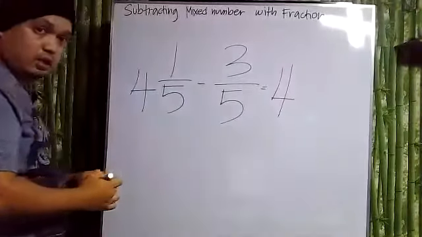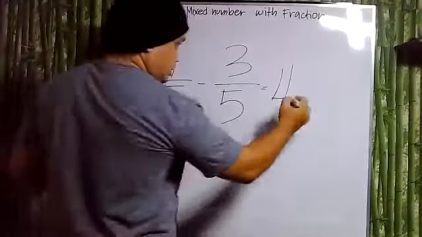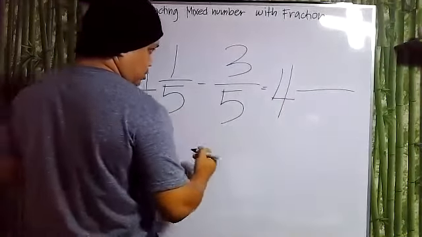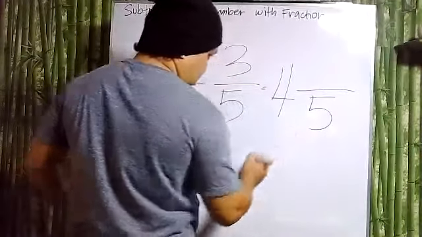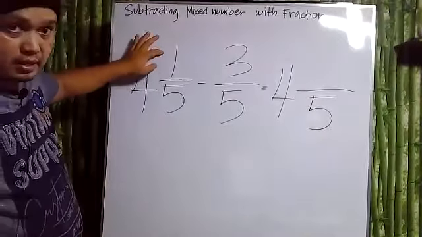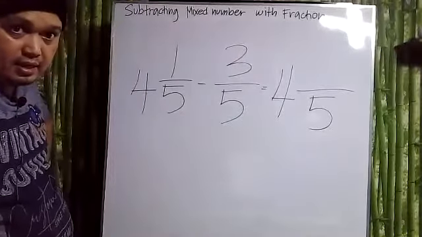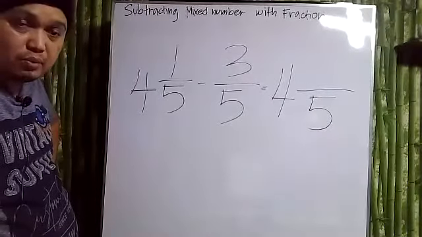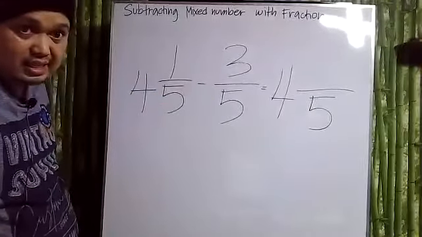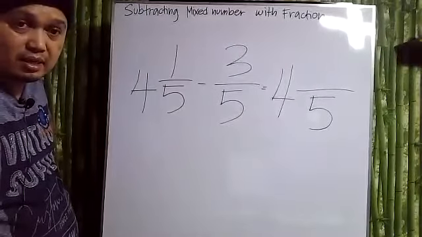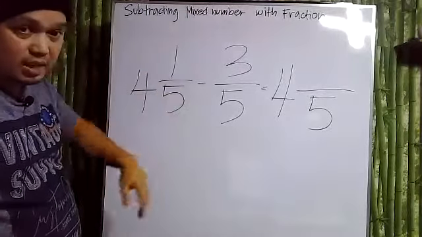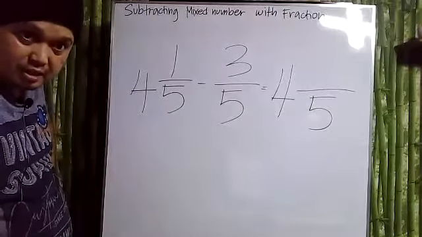Now notice, if we're gonna answer this, copy the denominator, which is 5. Notice for our numerator here, we have 1 here and 3. Now, how can we subtract them? Because 1 minus 3 cannot be done, because 1 is lesser than 3.